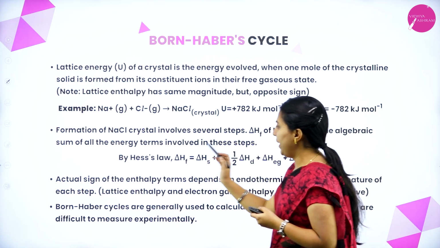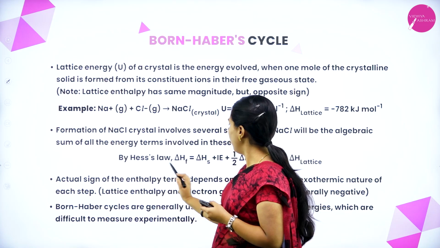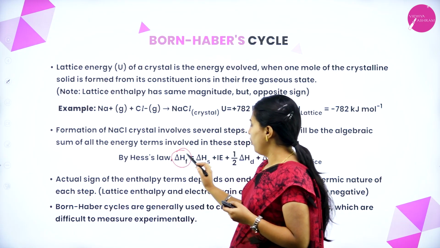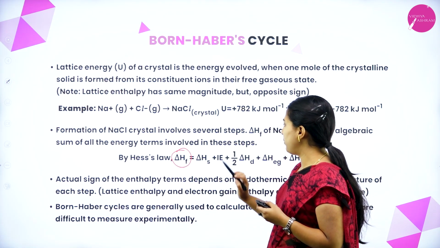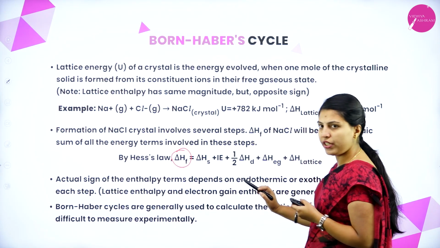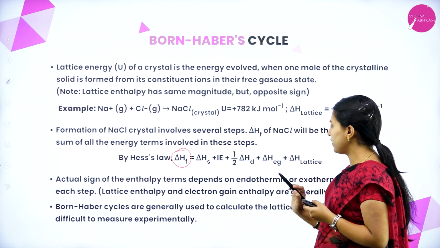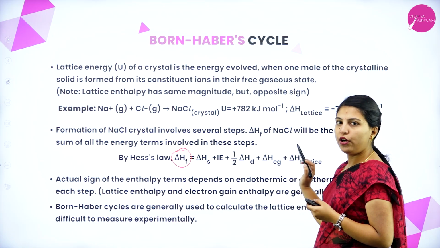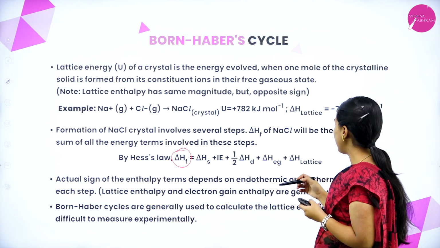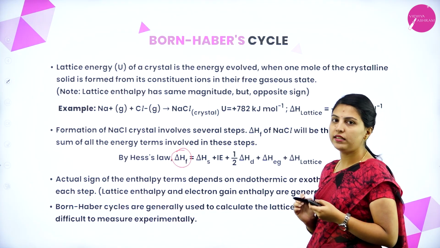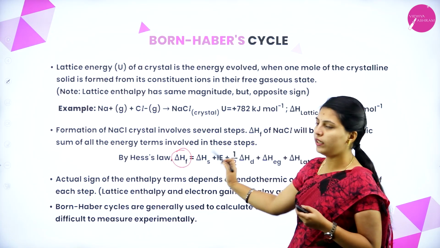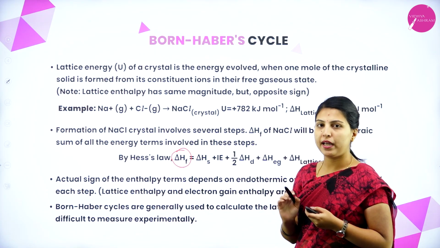See here, by Hess's law, which is also an important law, the heat of formation will be the sum of the heat of sublimation, ionization enthalpy, heat of dissociation, electron gain enthalpy, and lattice enthalpy. It is the sum of all these thermodynamic parameters.